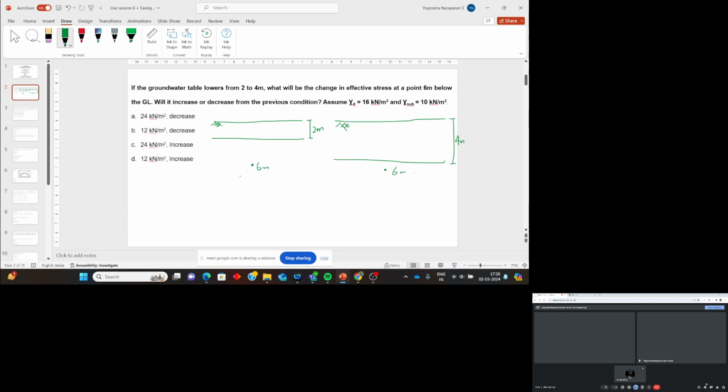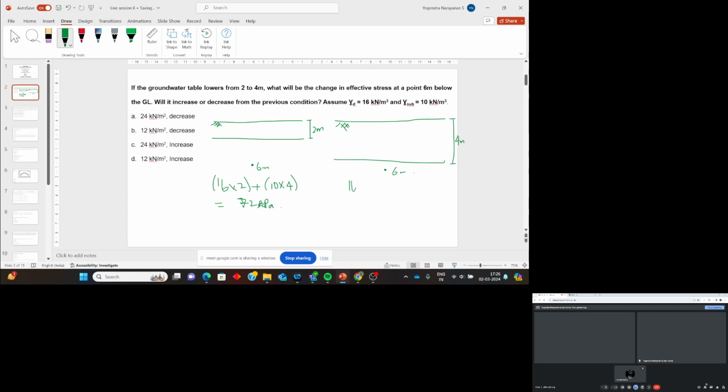So what will be the effective stress for this condition? 16 into 2 plus 10 into 4 will be 32 plus 40, 72 kilopascal.